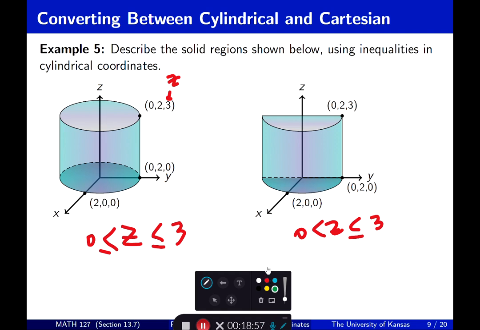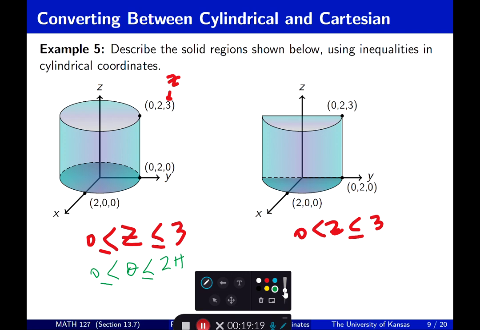Now, what else do we know? Here it goes all the way around, so theta does one full round. Theta is between 0 and 2 pi. But how about the other one? Is this 0 to 2 pi?